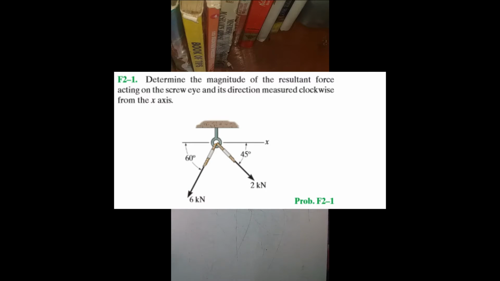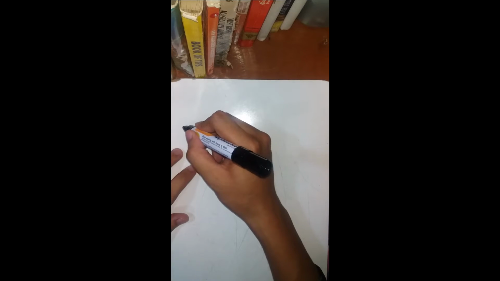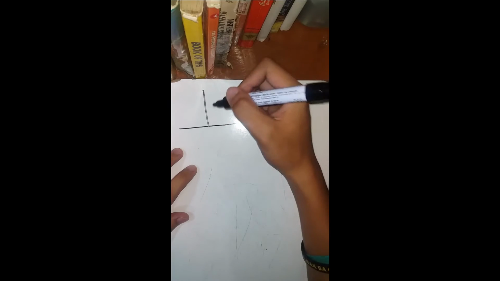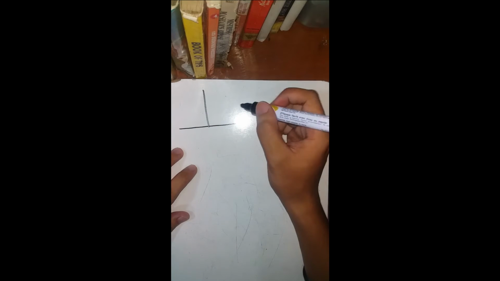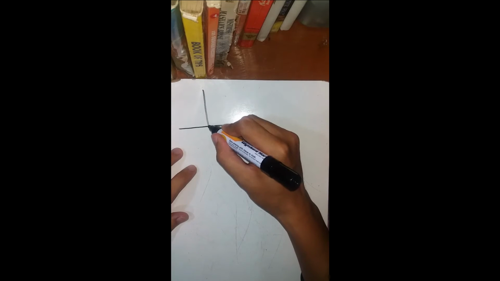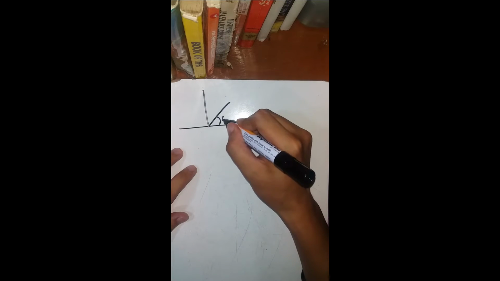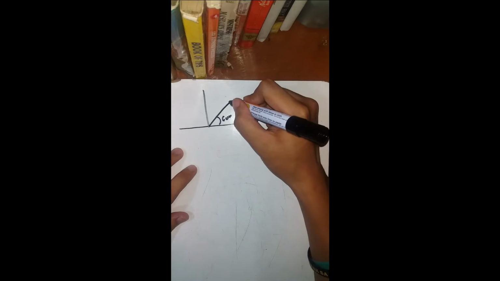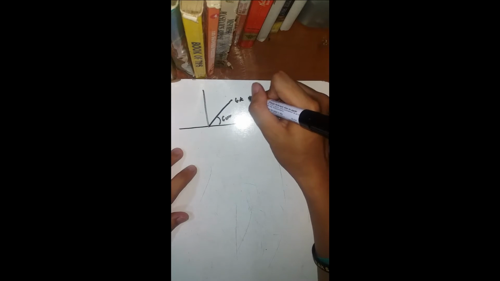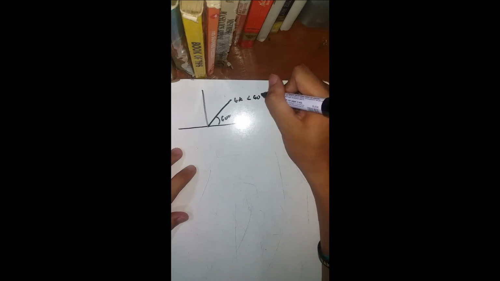So let's put it in a graph. Here we have the 6k newtons at 60 degrees. So say this is your 60, so this is your 6k newton at an angle of 60 degrees.